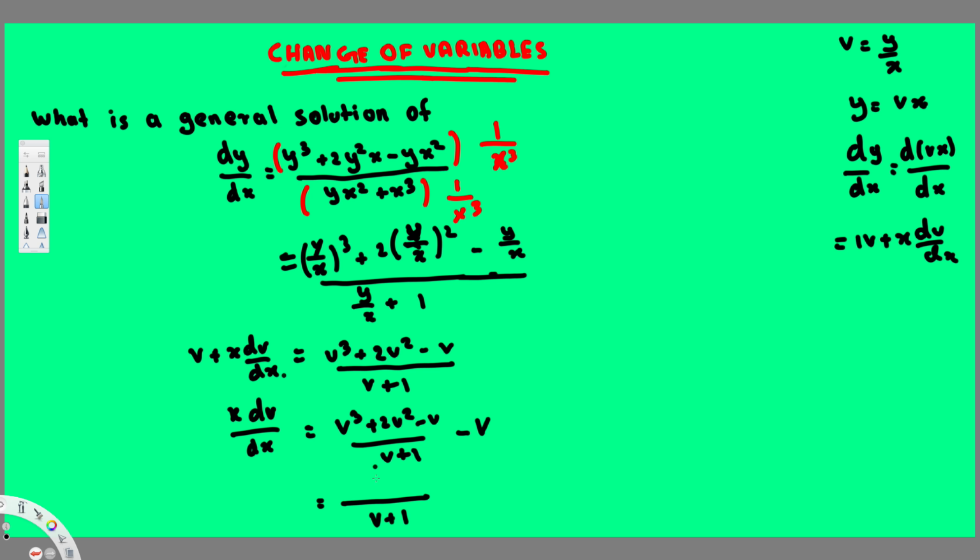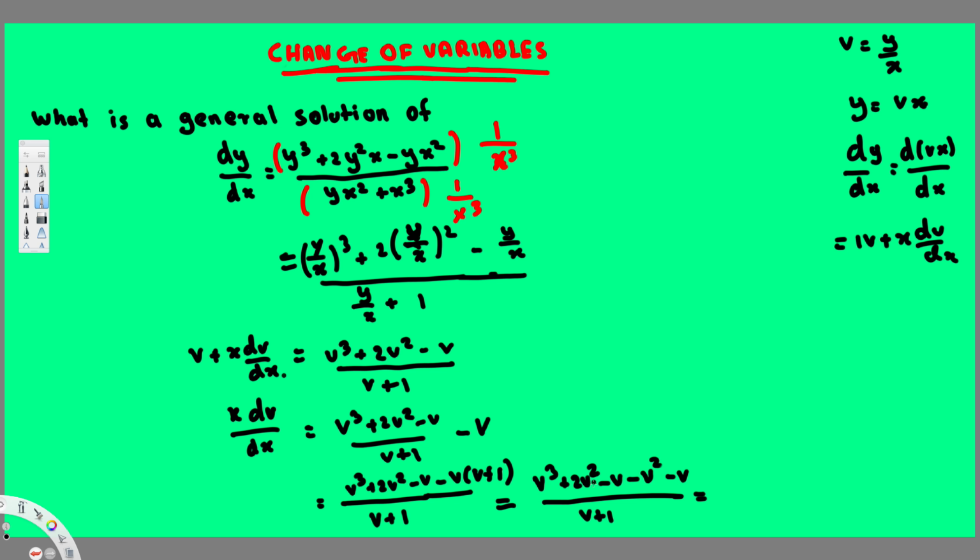In that way, this will become v cube plus 2v square minus v, and this is going to be minus v times v plus 1, right? And if you simplify this, that's going to be v cube plus 2v square minus v square minus v again, minus v square minus v, and in the bottom we are going to have v plus 1.